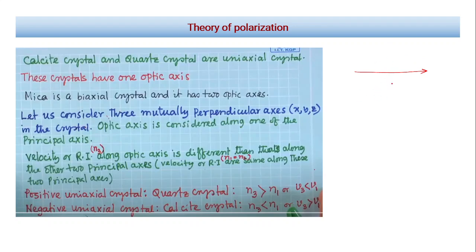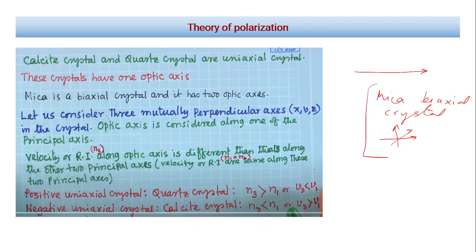There could be biaxial crystals also, like mica, where there are two directions. They don't need to be perpendicular to each other, but I'm just showing they have two directions along which the properties of the light are different. I mean, extraordinary in these two directions and ordinary in other directions, something like that.